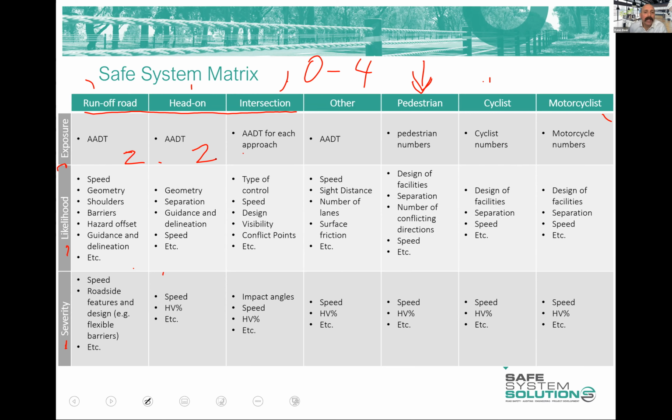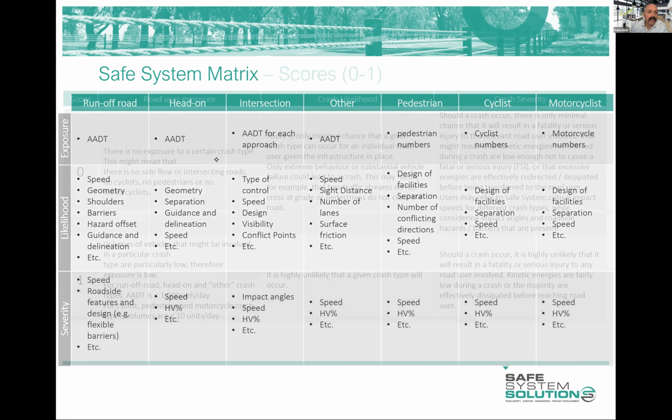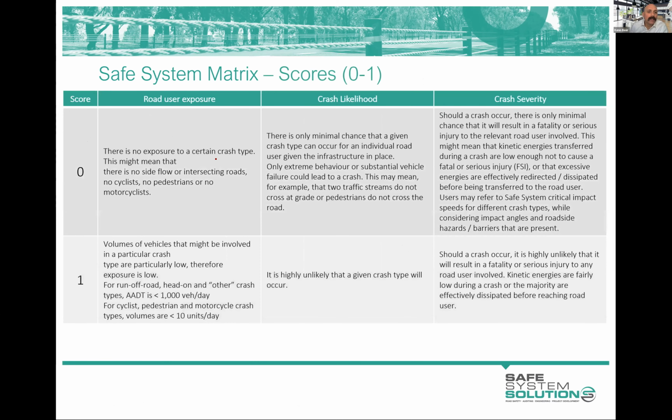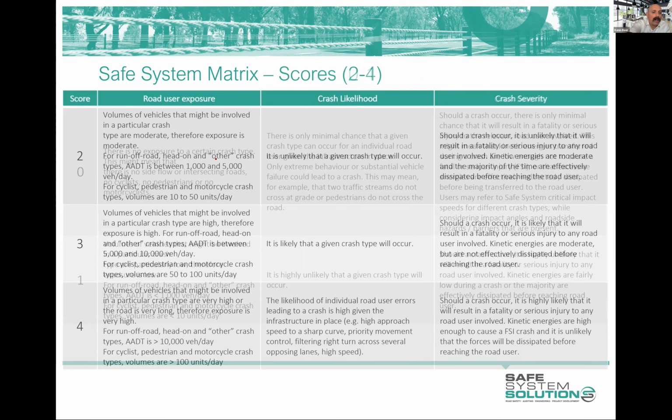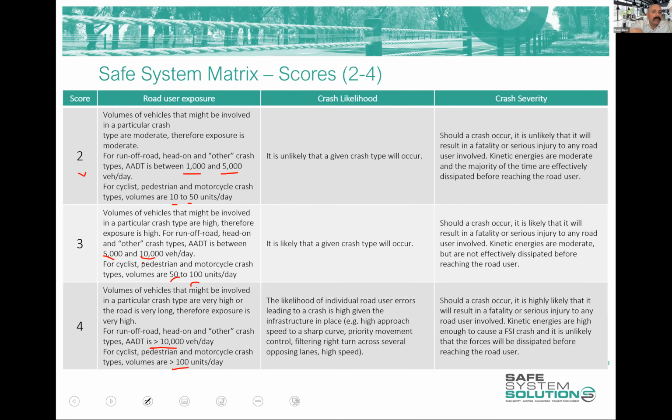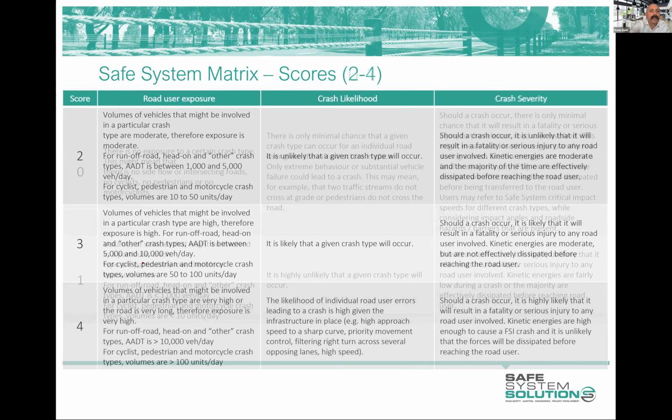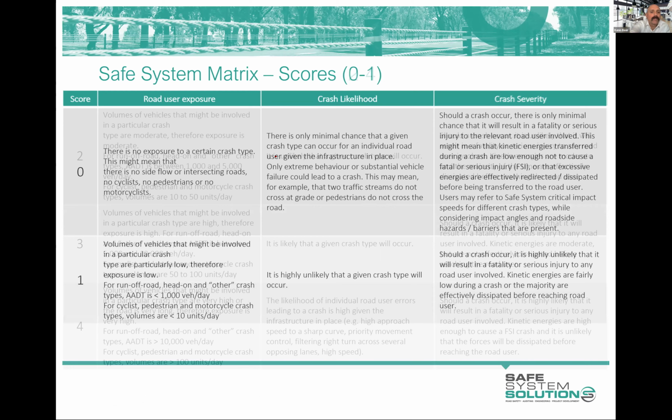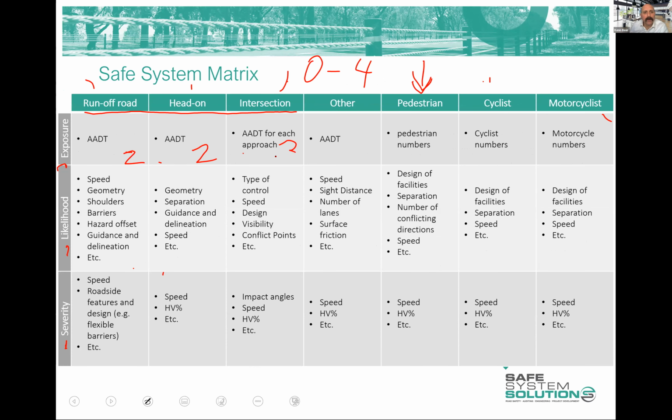That gives us 6,500 vehicles per day. It's higher than the 2 range and lower than the 4, so it sits in the 3 range.